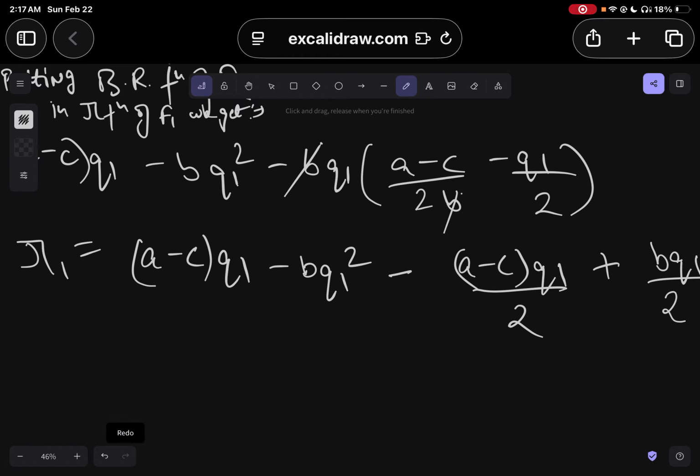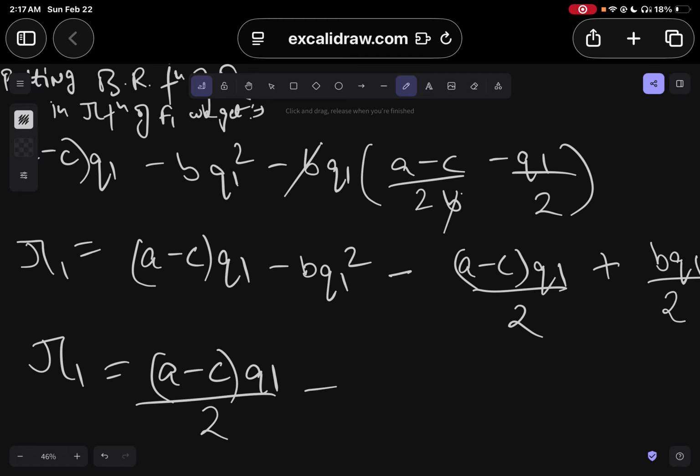Now we will have pi 1, which will be equal to A minus C Q1 upon 2 minus BQ1 square upon 2.